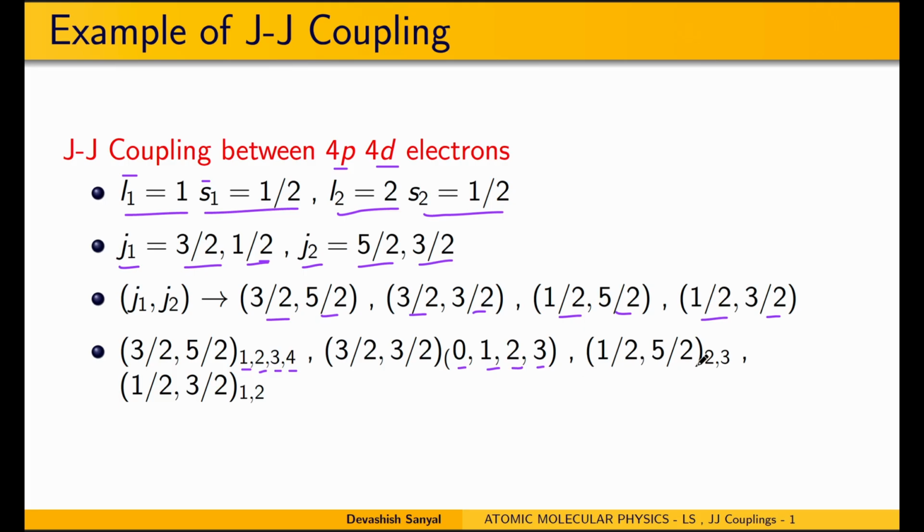For 1/2 and 5/2, we get total angular quantum numbers 2 and 3, and for 1/2 and 3/2, we get 1 and 2. So these are the main energy levels, and within each energy level these are the multiplets. The 4, 4, here you have 2, here you have 2.